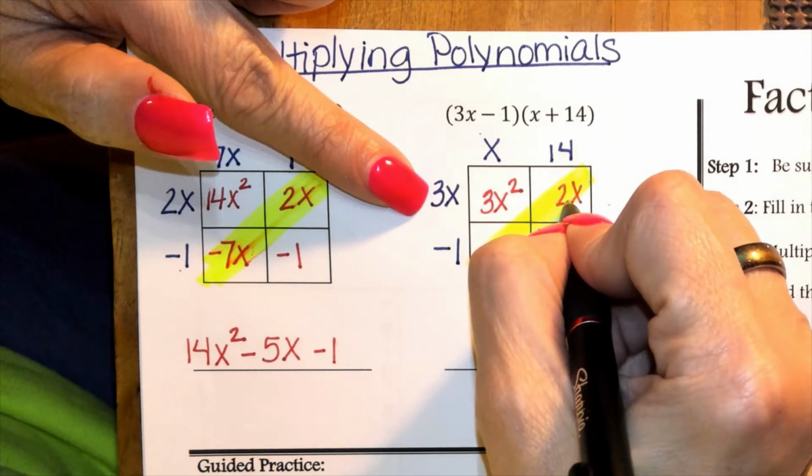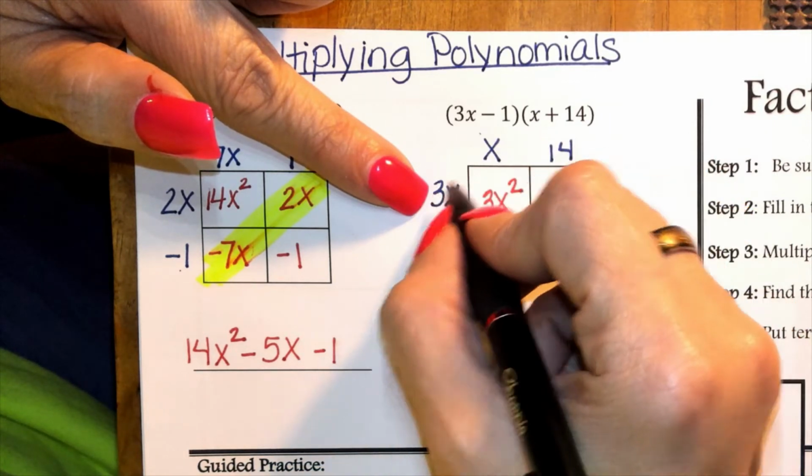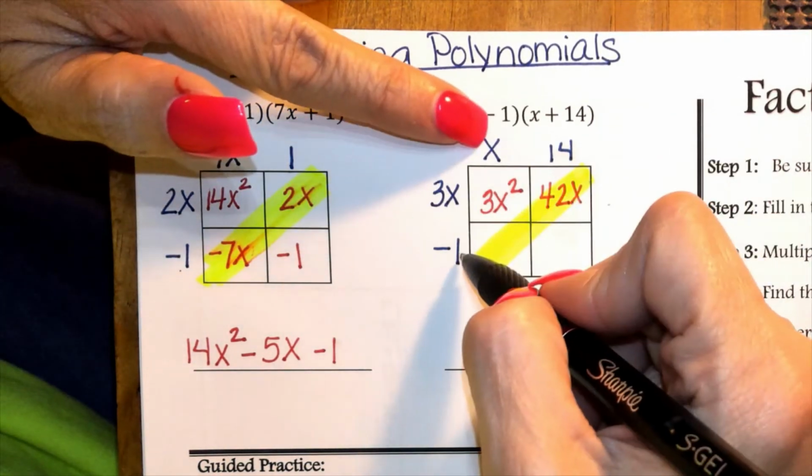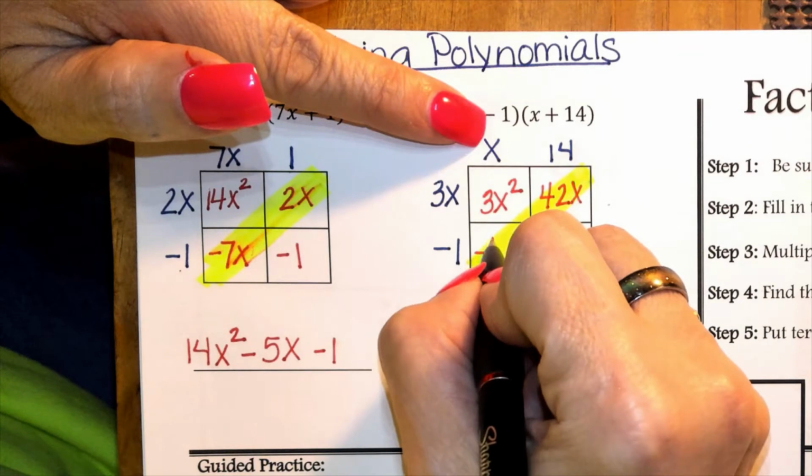I believe that's right. X times negative 1 would be negative 1x, and negative 1 times 14 is negative 14.